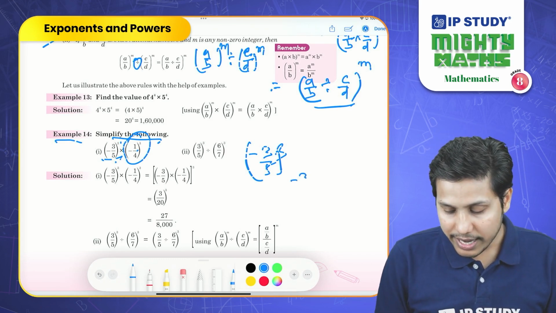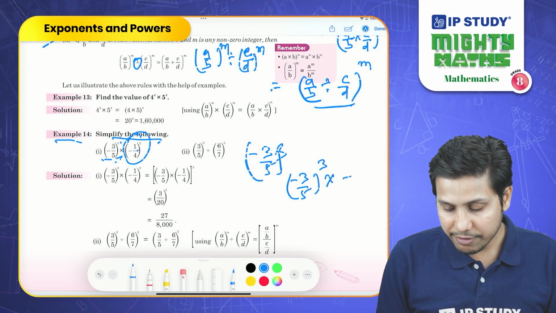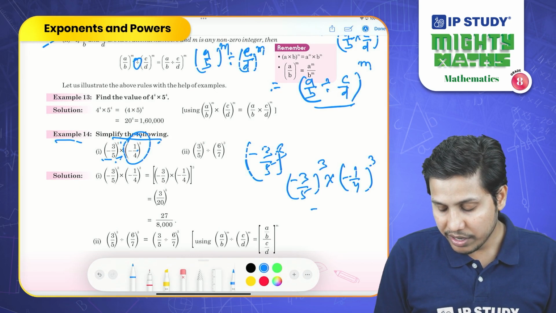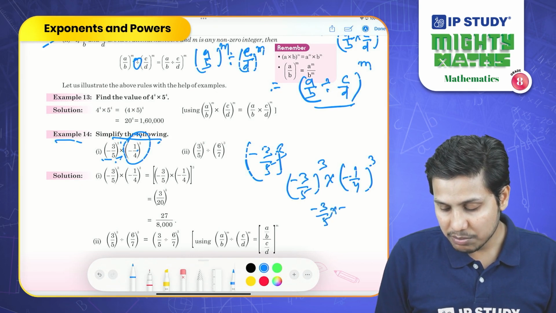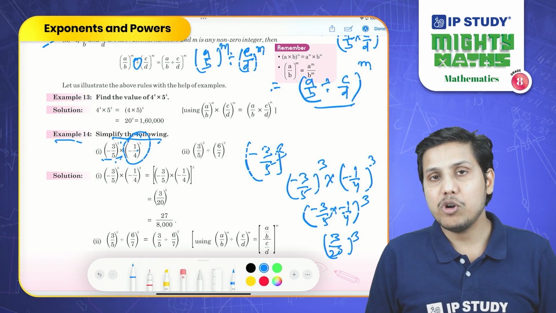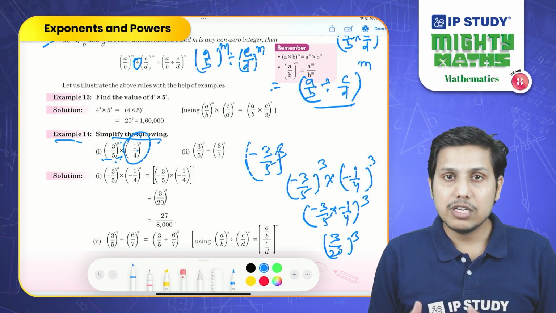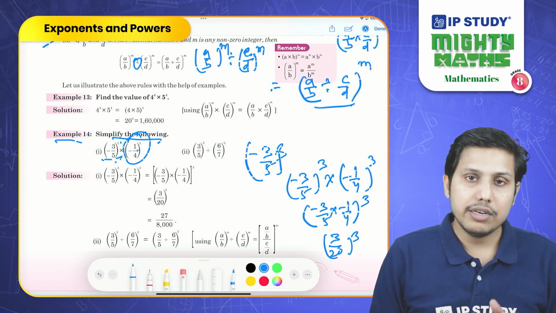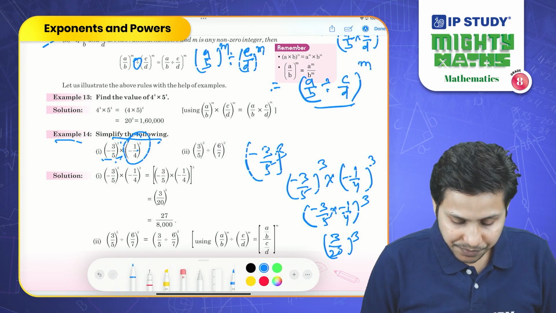So we can multiply the rational numbers first and then have a single exponent over here. Yes, so this will be 3 over 20 raised to the power of 3. So it doesn't matter whether the exponents are positive or negative, they just have to be the same, and then we can apply these laws. Yes.